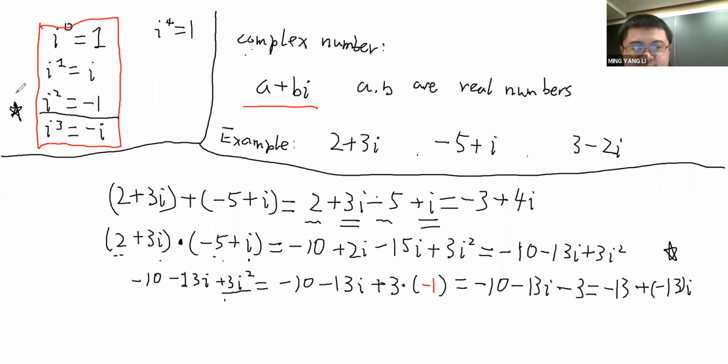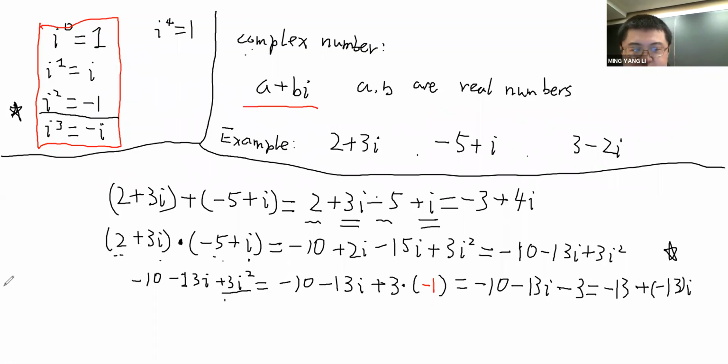And next, after we introduce this variable, we can introduce what are called complex numbers, which are just degree 1 polynomials of i, but usually we rather write the imaginary unit i, our variable, in the second place.